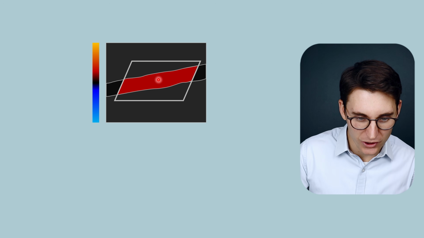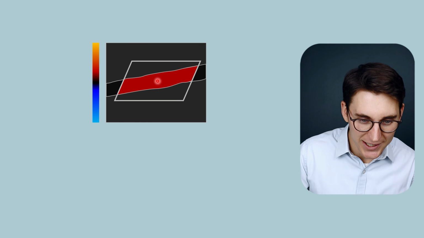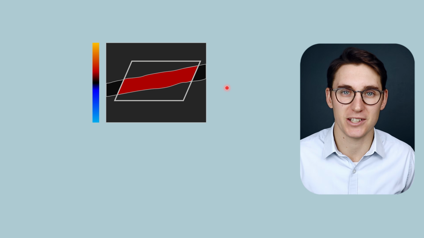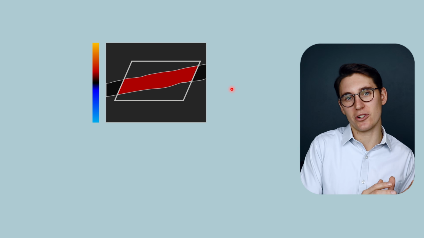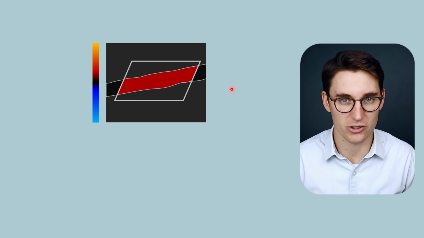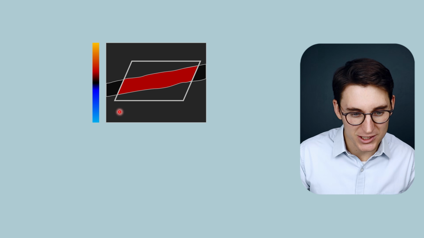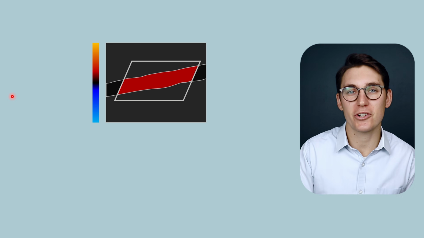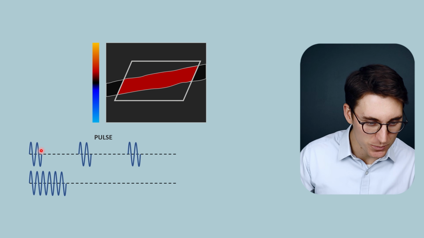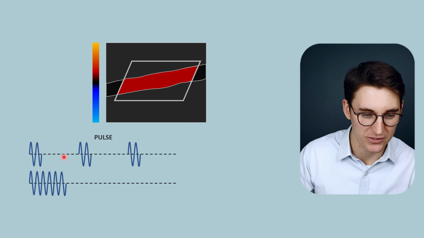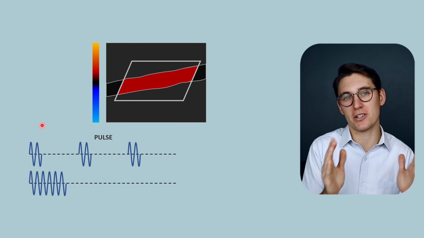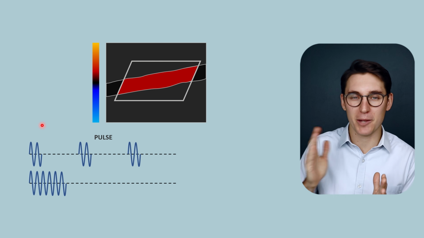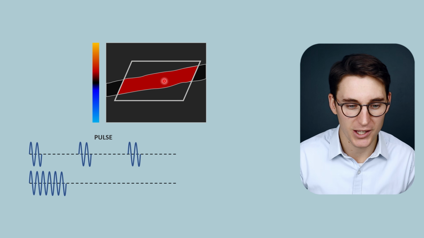Now what if we want to know the specific velocity in a point on this vessel here? Then we need to use what is known as spectral pulsed wave ultrasonography. Now on the outside of this active area, we are creating the image using these small spatial pulse lengths with receive time here. We've got a short pulse repetition period, we've got a high pulse repetition frequency.